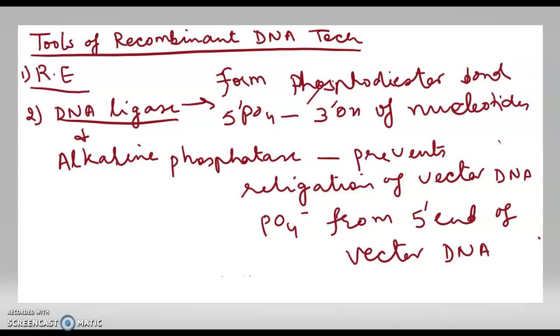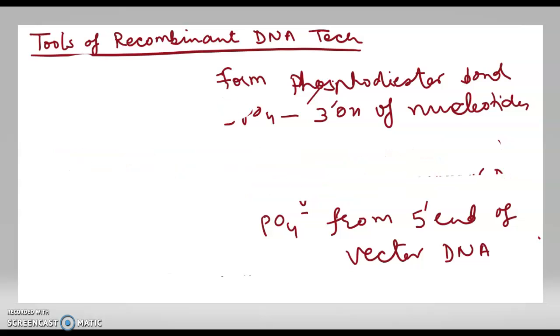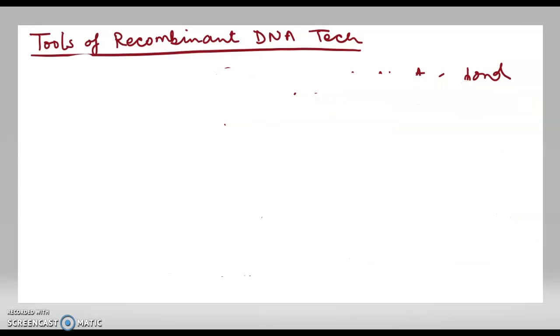So this is about types of enzymes. One is restriction enzyme, another is DNA ligase and alkaline phosphatase. Both are very important in cloning experiment. Now third tool, which is also very important, is vectors.